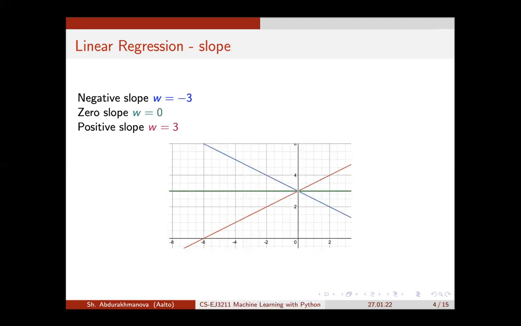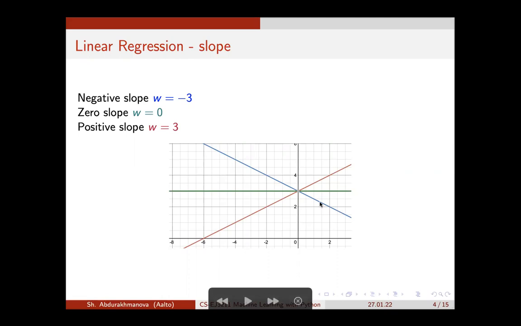We call the slope positive if this weight or coefficient is a positive number. Basically it means that when x is getting larger, then y is also getting larger. If this coefficient is negative, this is a negative slope, this blue line, and it means that when x is growing larger, then y is getting smaller.